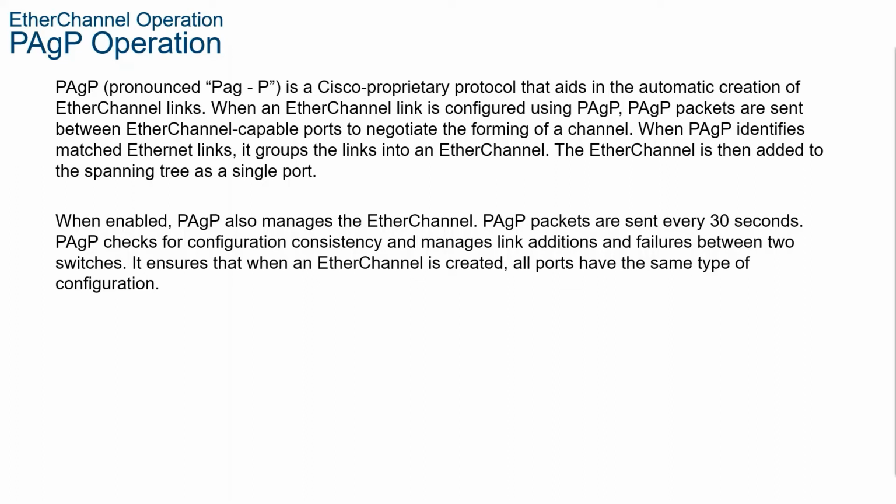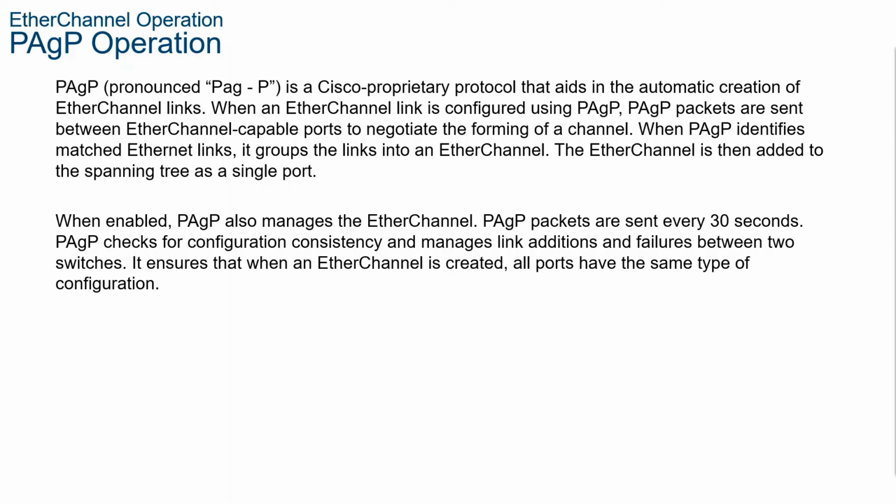When PAgP identifies matched Ethernet links, it groups the links into an EtherChannel. The EtherChannel is then added to the spanning tree as a single port. When enabled, PAgP also manages the EtherChannel. PAgP packets are sent every 30 seconds.